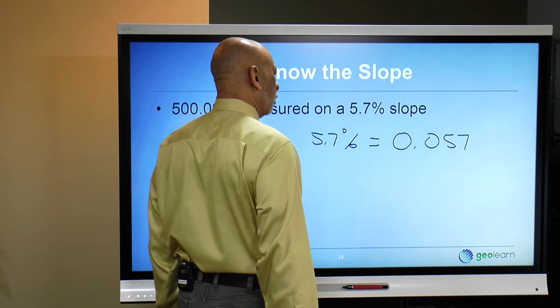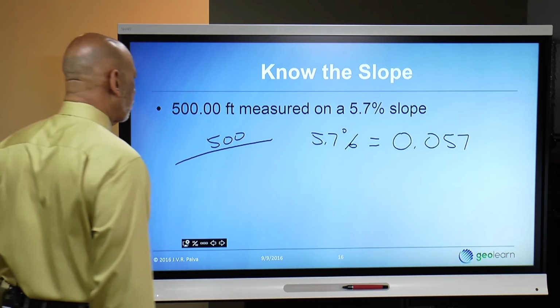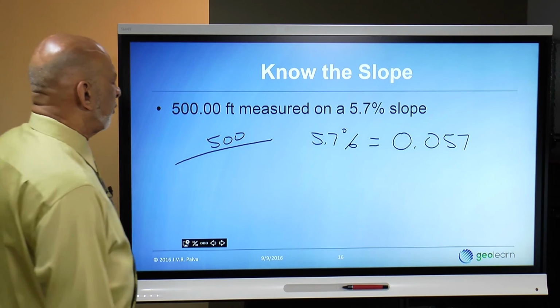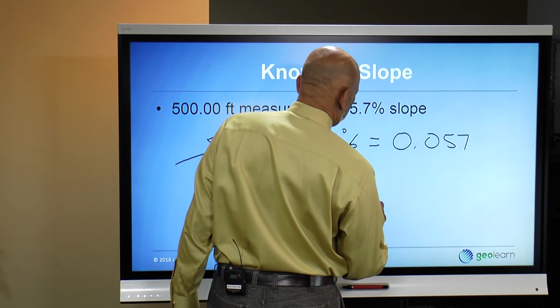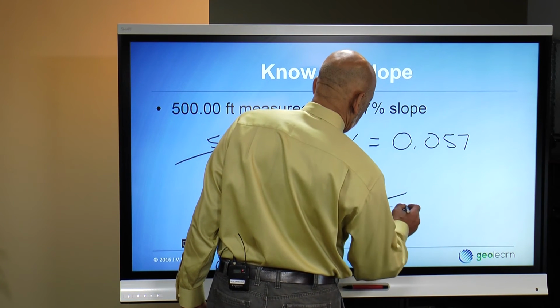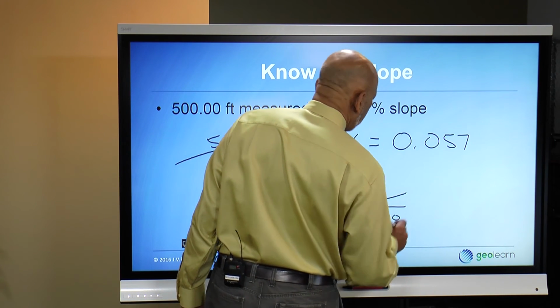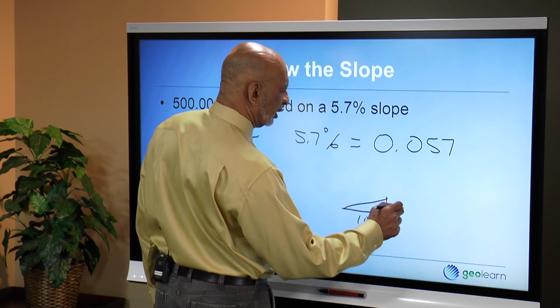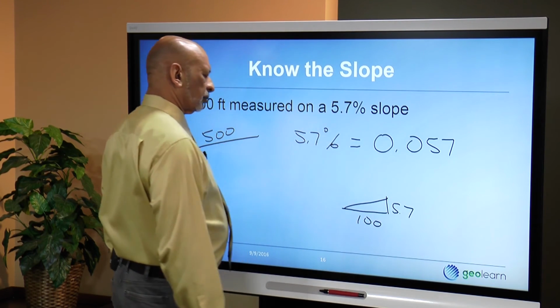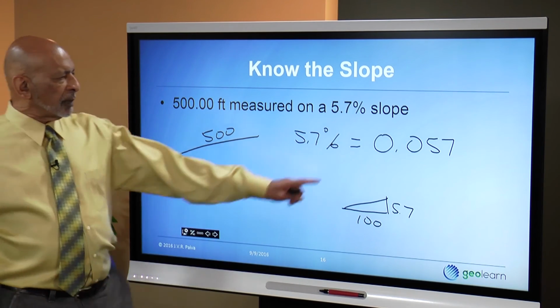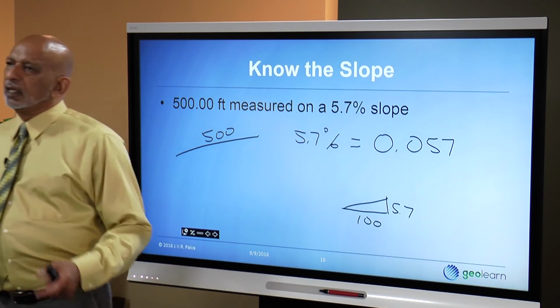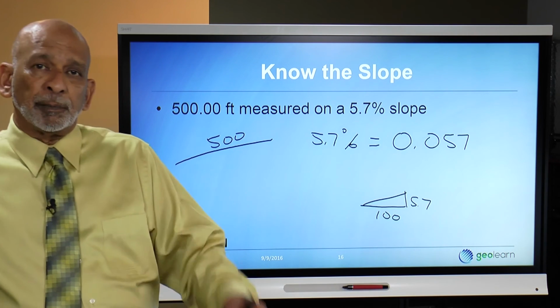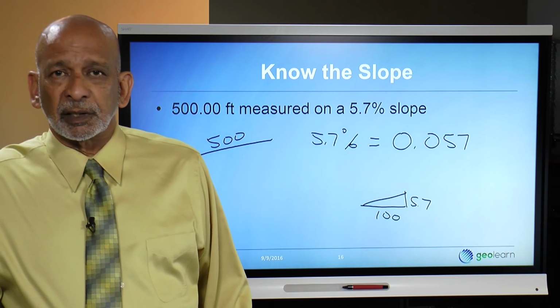So you move the decimal point over 2 places. What does a 5.7% slope mean? It means for every 100 feet on the horizontal that we go up 5.7 feet. This number, this 0.057, is how many feet we go up for every 1 foot.